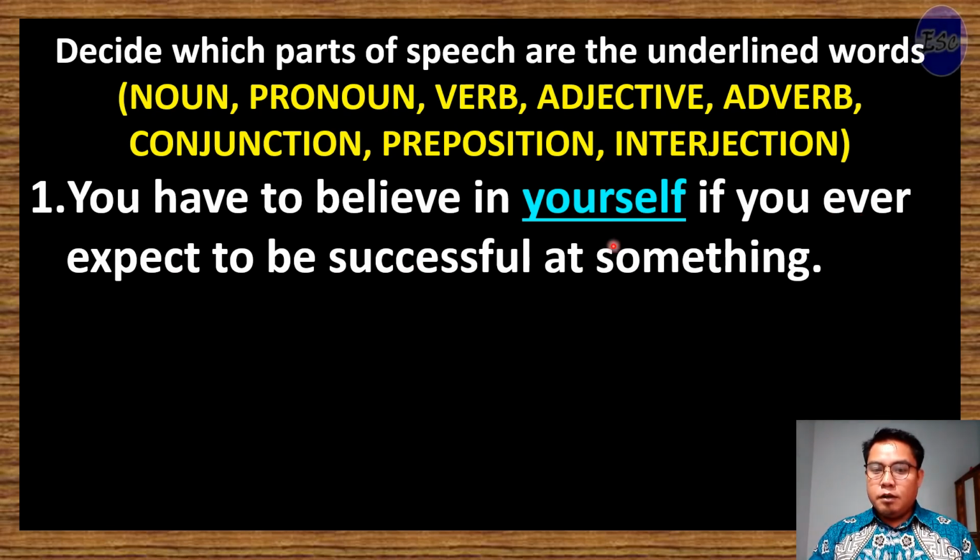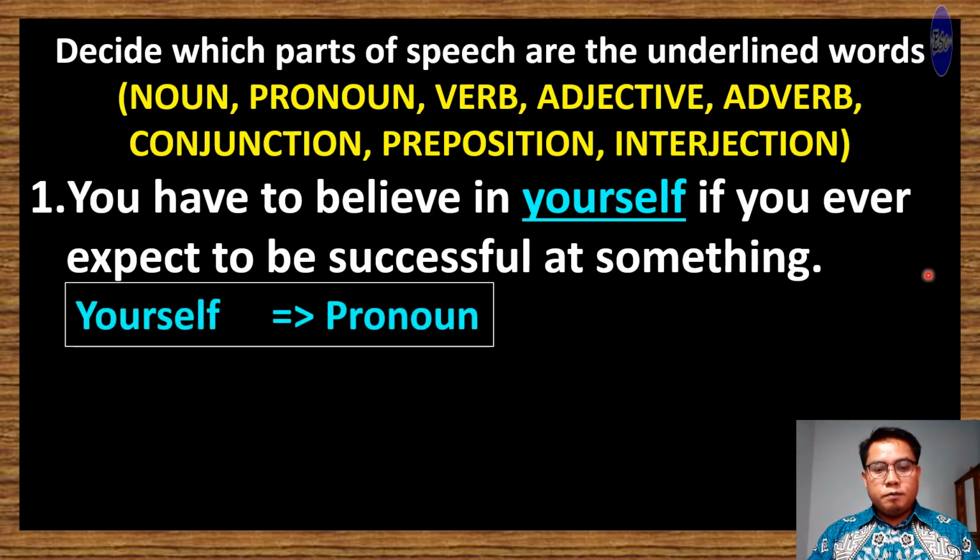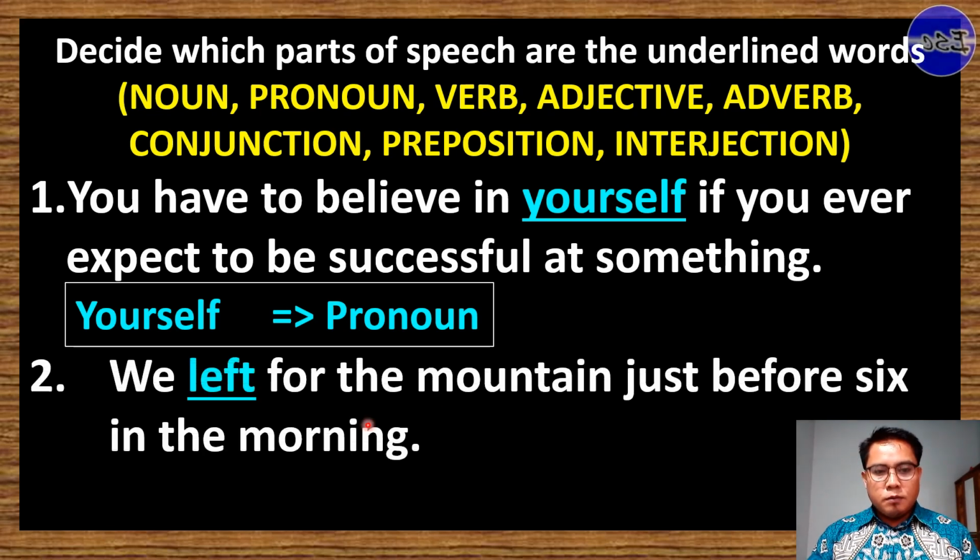This was already discussed in the introduction of this video. So yourself is a kind of pronoun. Good. Number 2. We left for the mountain just before 6 in the morning. Left. What do you think? Is it noun, pronoun, verb, adjective, adverb, conjunction, preposition, or interjection?